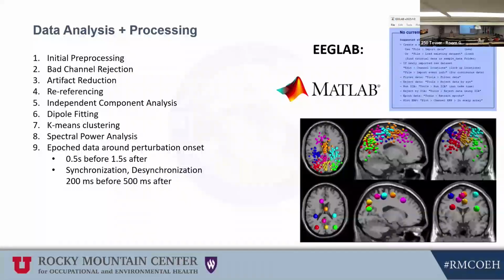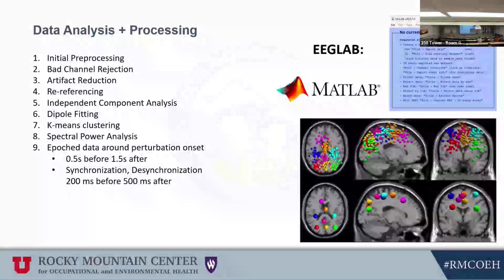So they used EEGLAB, which is a widely used MATLAB toolbox for EEG analysis. And basically, initially they pre-processed all of the data. So they removed electrical noise. They filtered their data. They removed bad channels.